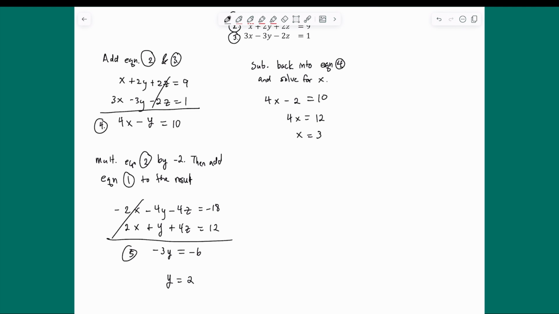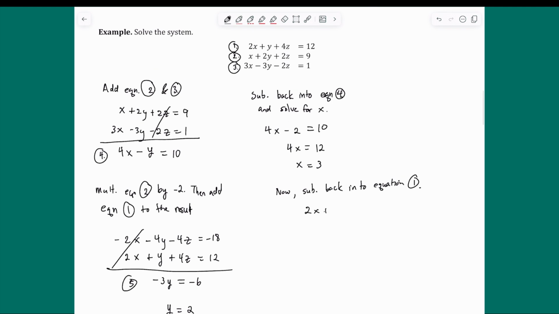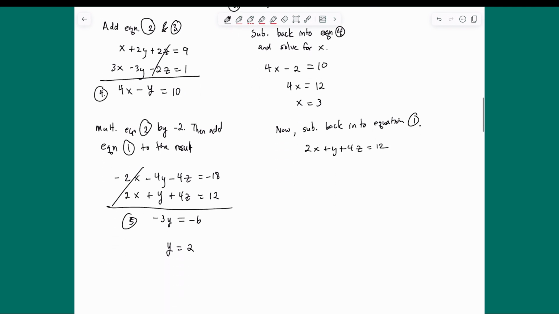Now I use each of these two variables and substitute back into equation 1, 2, or 3. I'm going to just go ahead for simplicity, sub back into equation 1. Okay, so doing so, well, equation 1 was 2x plus y plus 4z equal to 12. So let's go ahead and plug that in.